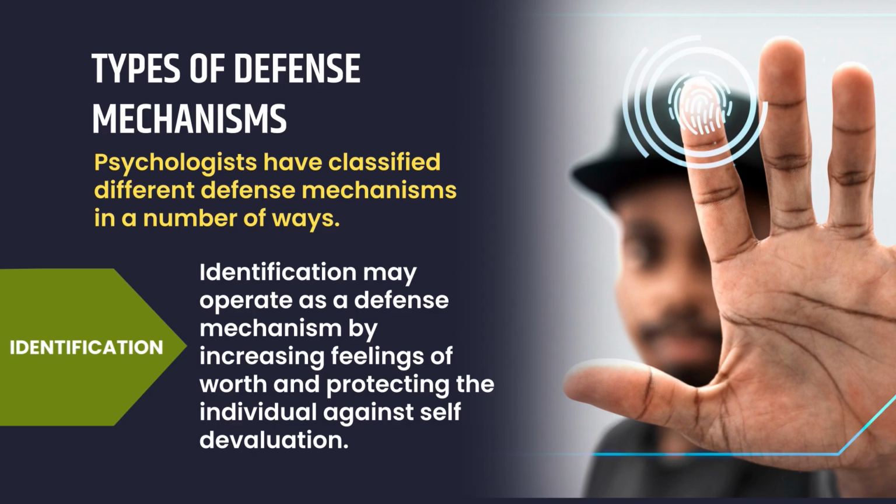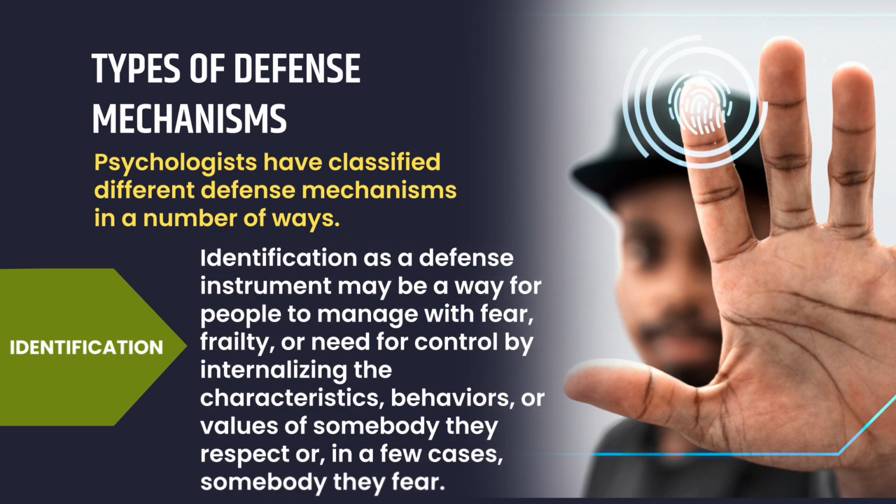Identification may operate as a defense mechanism by increasing feelings of worth and protecting the individual against self-devaluation. Identification as a defense instrument may be a way for people to manage fear, frailty, or the need for control by internalizing the characteristics, behaviors, or values of somebody they respect or, in a few cases, somebody they fear.